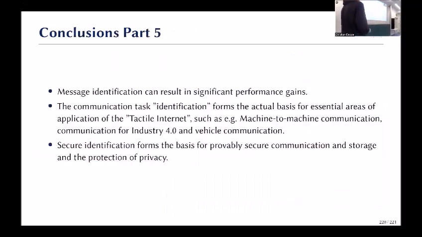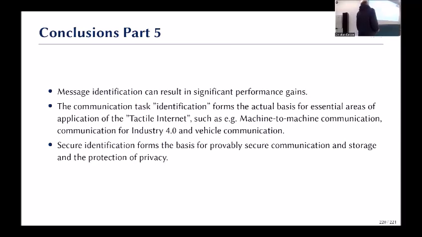And with this, let's just have a look at what we have in part 5. I showed you that the method identification can result in a significant performance gain, and that the task identification forms an actual basis for the area of the tactile internet, for machine-to-machine communication and for machine-to-human communication.